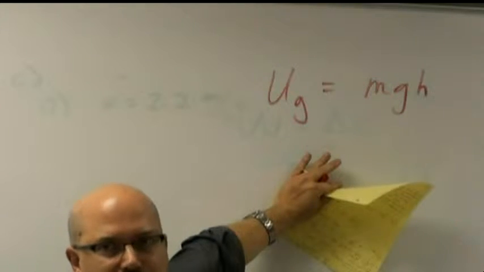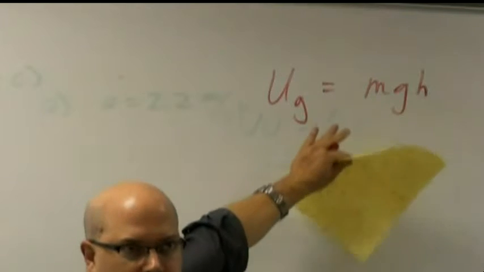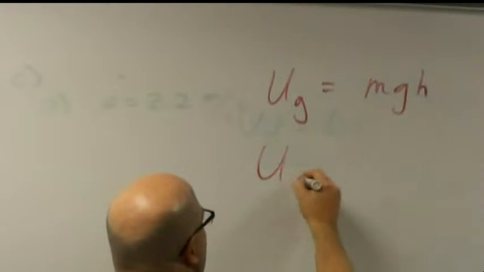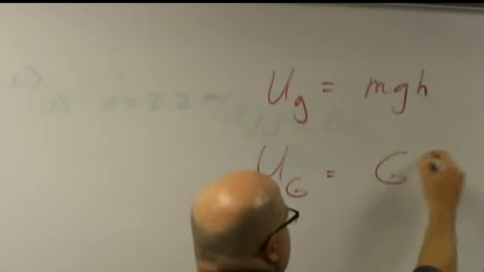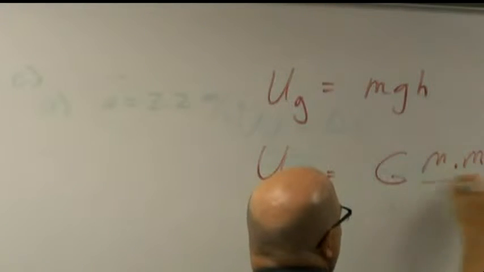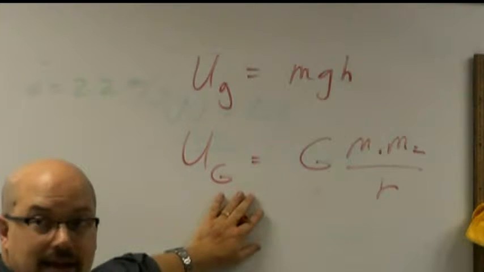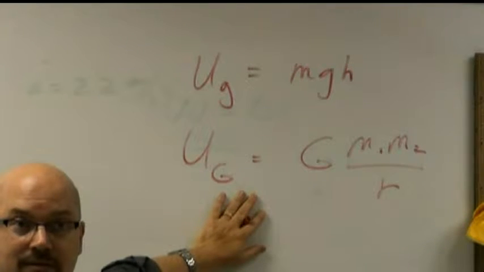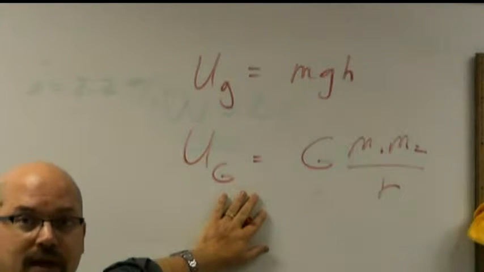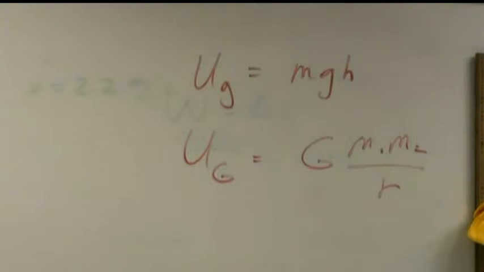Little g is approximately 9.8 the whole time. That's great. But in general, it's big G m1 m2 over r. That's really the potential energy. Not squared. It was squared here, but when we integrate, it goes away.